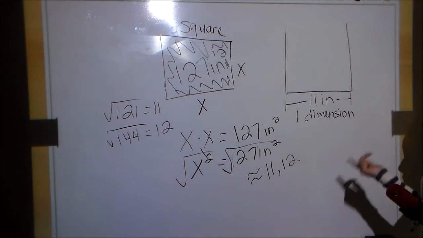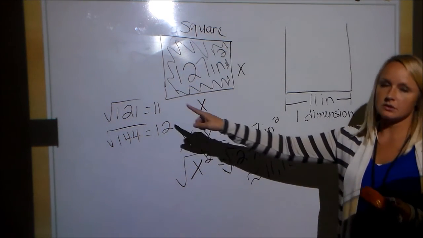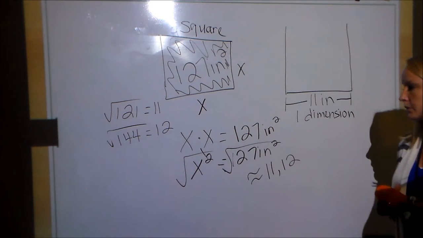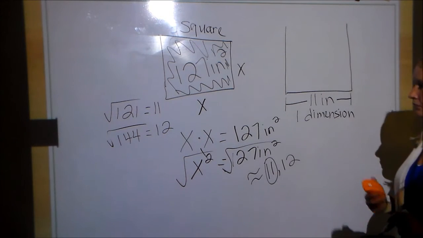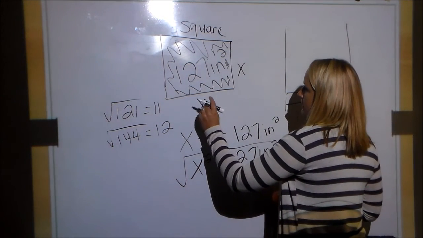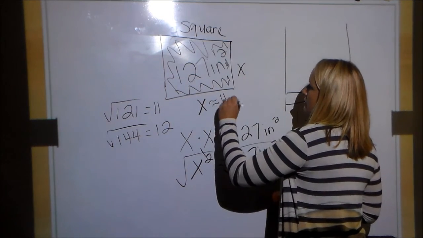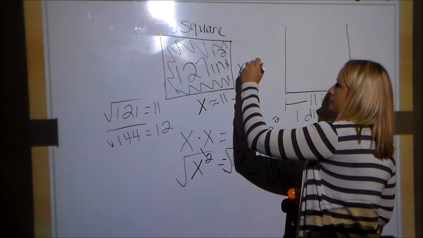Last week we decided which one it would be closer to, so we know how to do that. 127 is closer to 121 than it is to 144. So it's a little bit bigger than 11. Based off this information, I know that the sides of my plates are about 11 and some change, a decimal number after it.